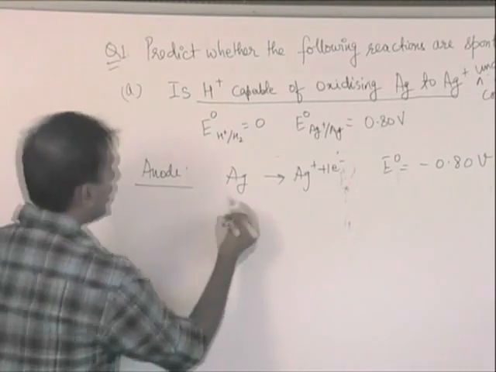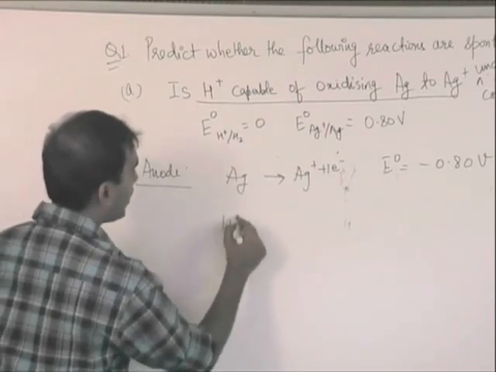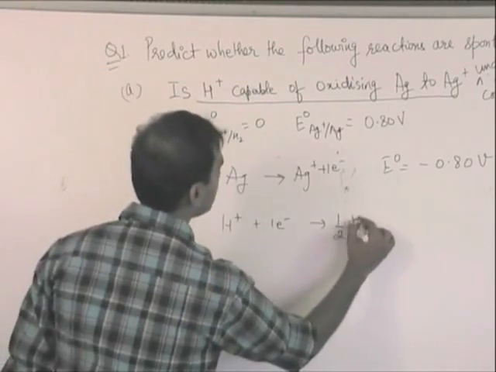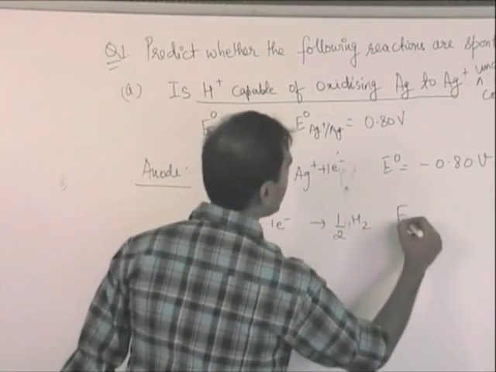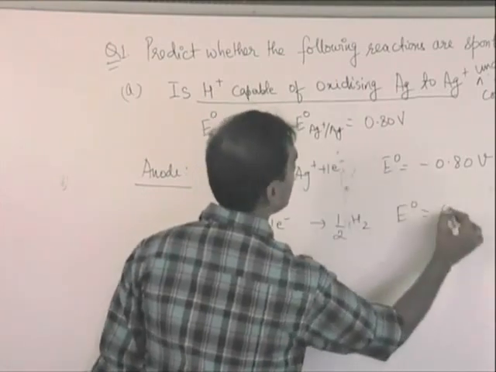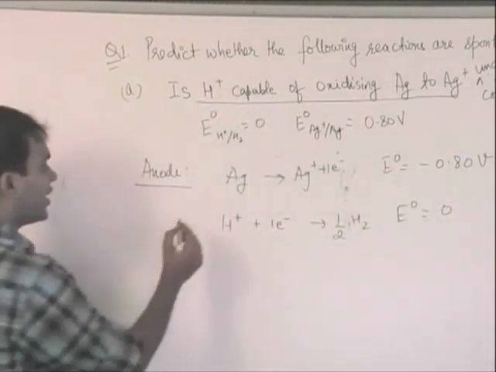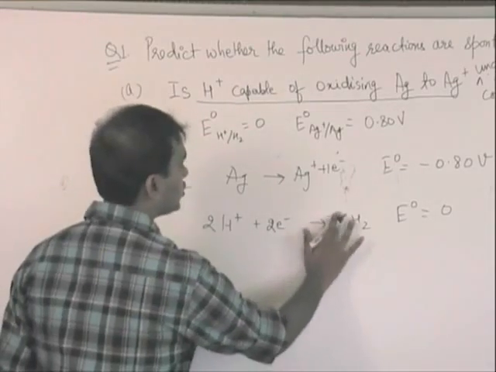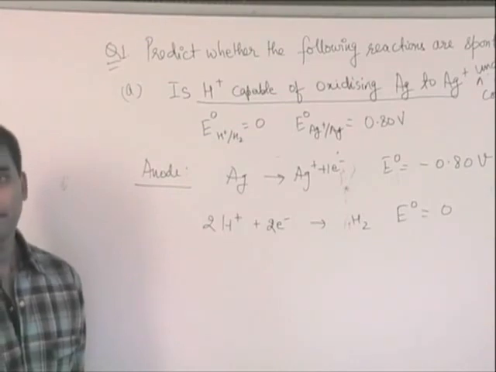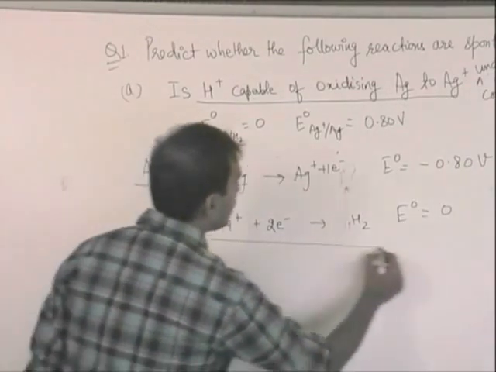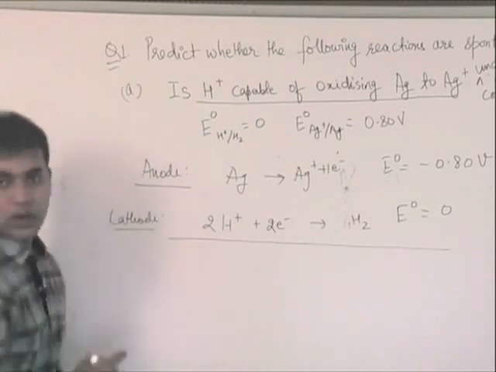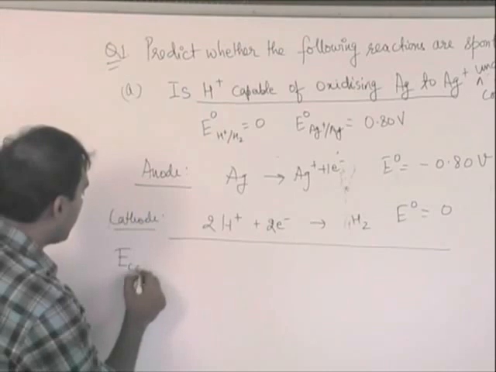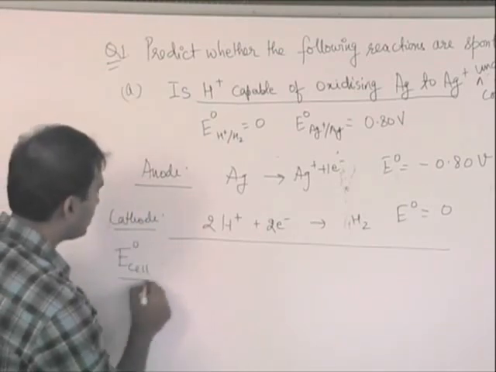Okay. Now, it has been given to me that H plus plus 1 electron gives half H2. And the E naught for this reaction is 0. Or you can write it as 2H plus plus 2 electrons gives H2. Then also it is the same thing. Now, suppose if we say that the same thing happens, then if I find the E cell, or in this case it will be E naught cell, what will be that?